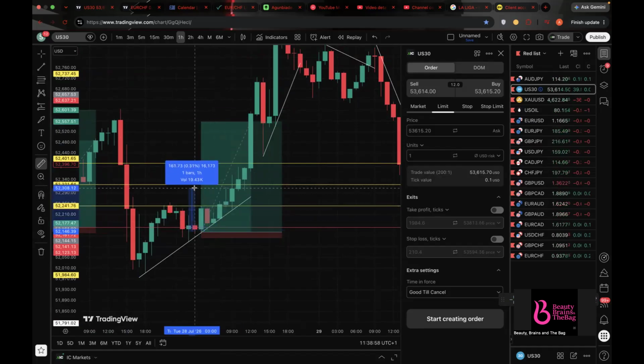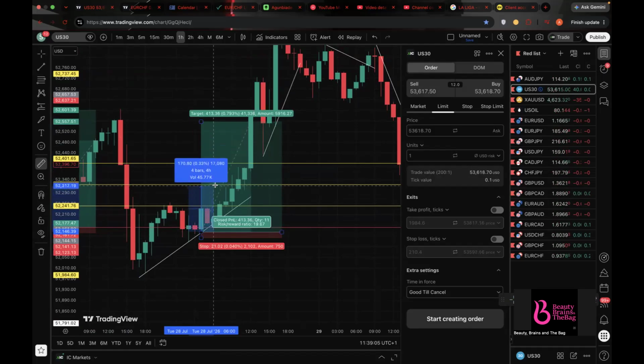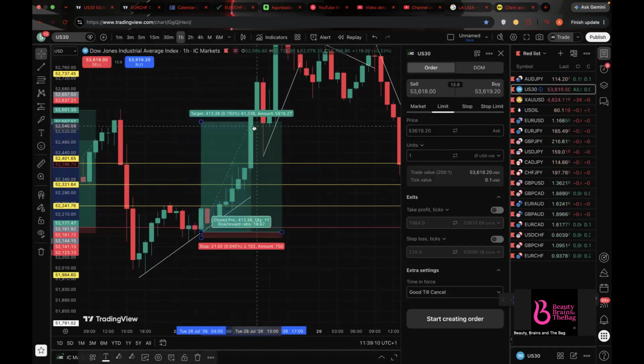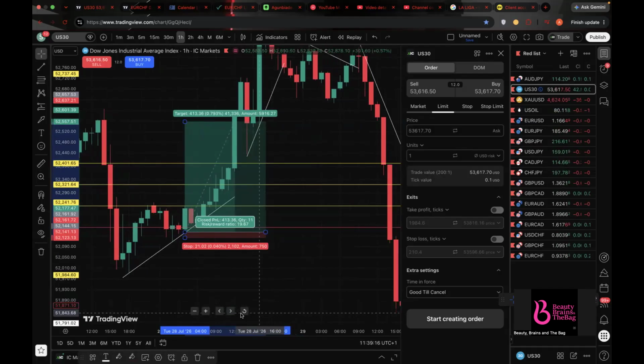It got to 160 pips and didn't come back to 80 pips. It got to 240 pips and didn't come back to 160. Then it just kept climbing up from there. That's basically it about that.